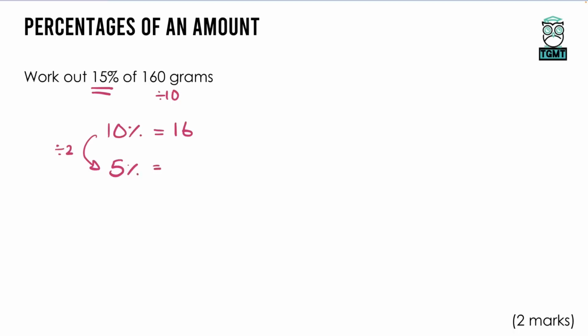So 16 divided by 2 gives us 8. We now have our 10% and our 5%, which combined makes 15%, and that would be 16 plus 8, which would be 24. So just remember, when finding a percentage of an amount, find that 10% and then break it down into smaller percentages to get to the percentage that we are looking for in the question.